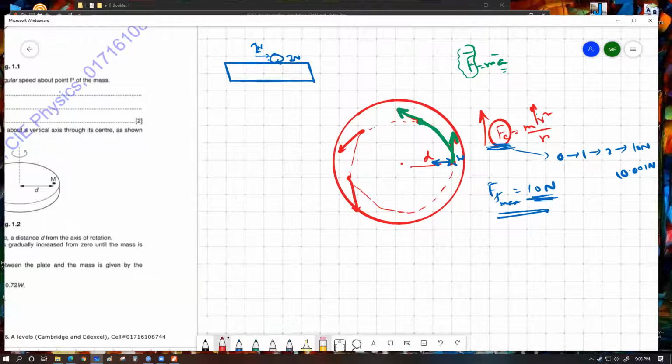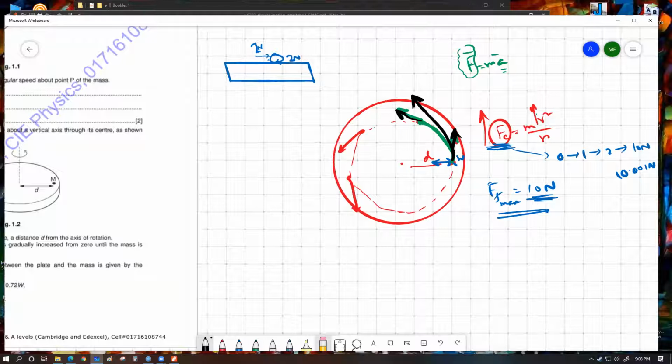Rather, the object would start to slide off with a smaller velocity change, somewhat like that. The angle between this initial direction and this final direction is actually less, which means the object is not changing its direction as much because it simply does not have that much supply of force anymore.